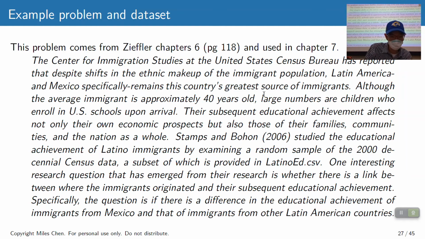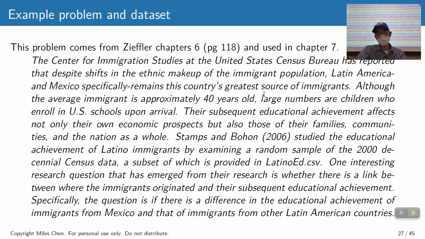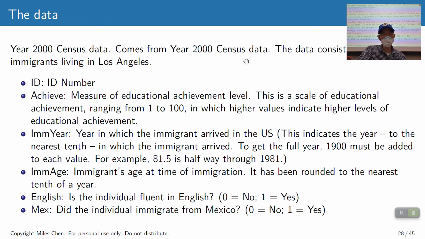Specifically, the question is if there is a difference in the educational achievement of immigrants from Mexico and that of immigrants from other Latin American countries. So there's this file, latinoeducation.csv, and this is coming from the 2000 census, so it's already 20 plus years old now.